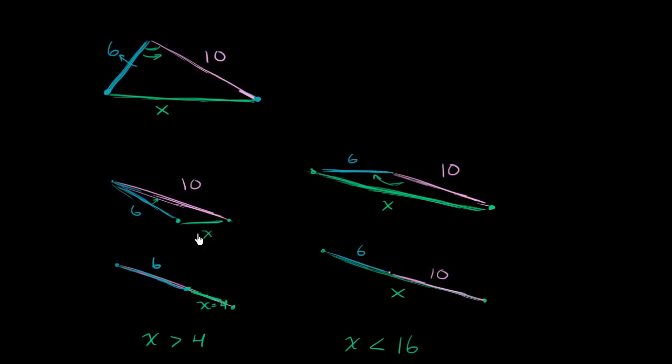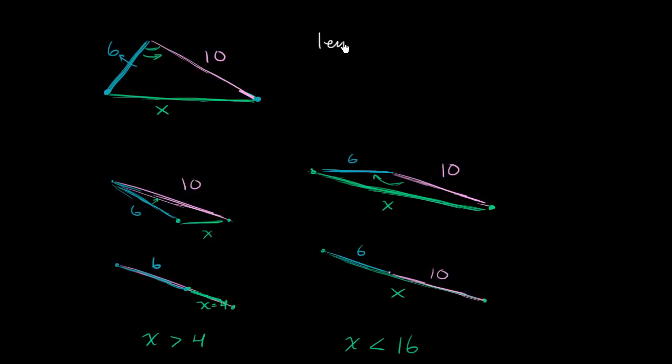Now, the whole principle that we're working on right over here is called the triangle inequality theorem. And it's a pretty basic idea that any one side of a triangle has to be less, if you don't want a degenerate triangle, than the sum of the other two sides.